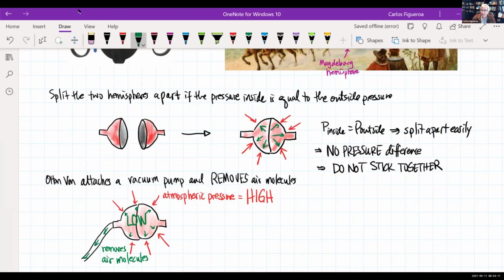So now what happens? What happens now is that pressure always flows from where? From a high pressure to a low pressure region. So then we know that pressure always moves from a high to a low pressure region.